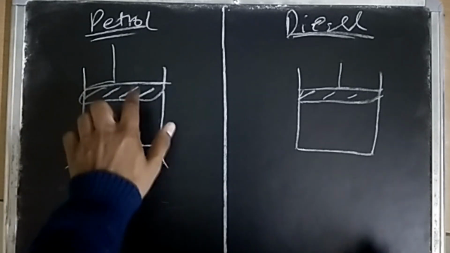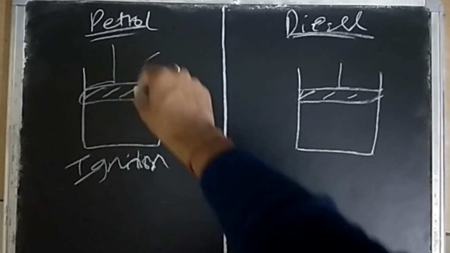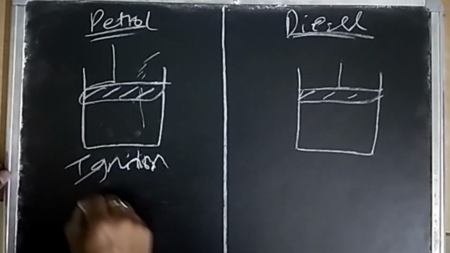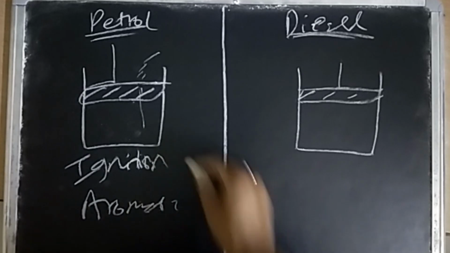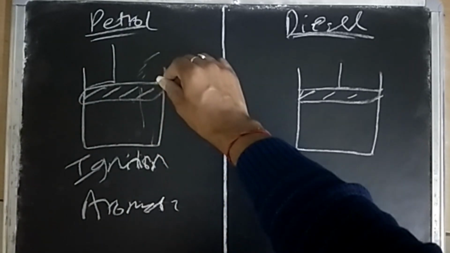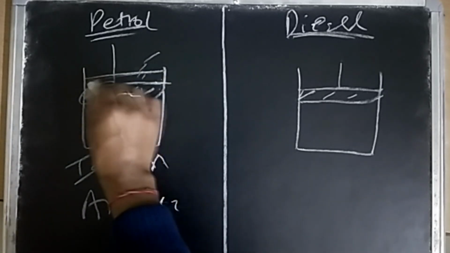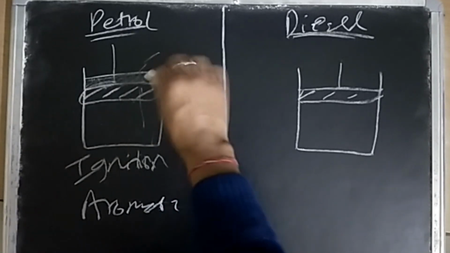The spark is there, and it ignites and pushes the piston back down. For this we need more aromatics, because the piston comes up and this part is compressed, and finally it's ignited.